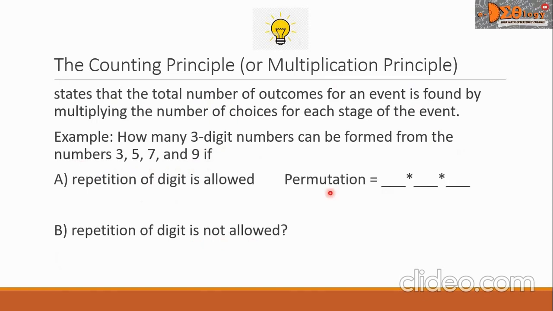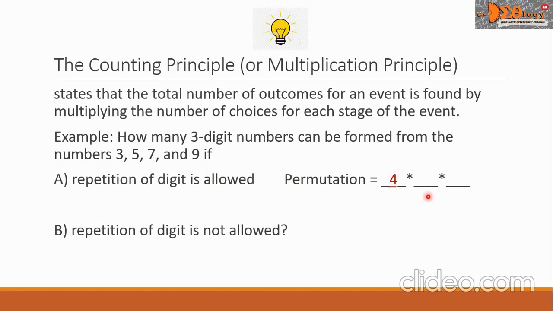Let us solve for problem A. For the permutation, let us write 3 blanks here to represent the 3-digit numbers. Each blank here represents the number of choices for each stage. For the first blank, there will be 4 choices of the digits. So here we can write 4.